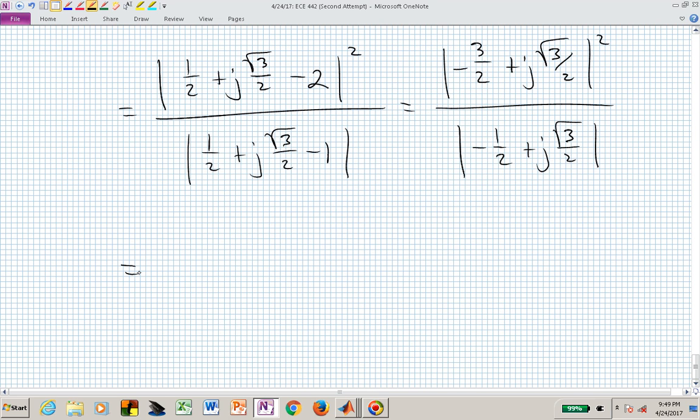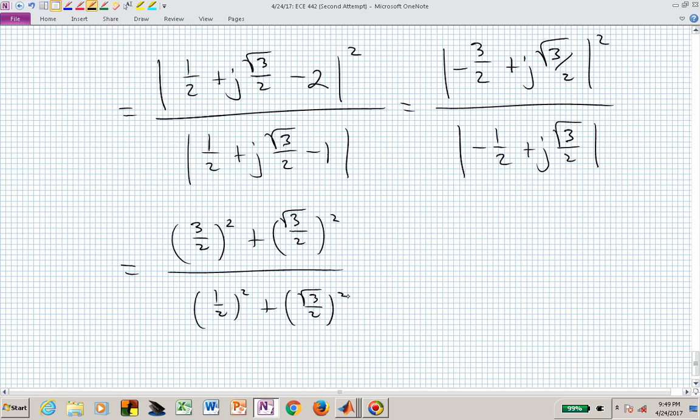If we find the magnitude of the numerator and square it, that will allow us not to worry about the radical. Downstairs we have 1/2 squared plus the square root of 3 over 2 squared, and we square root that.